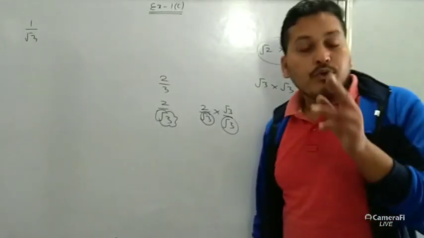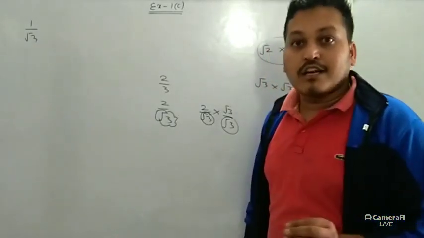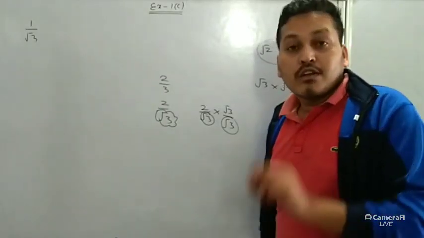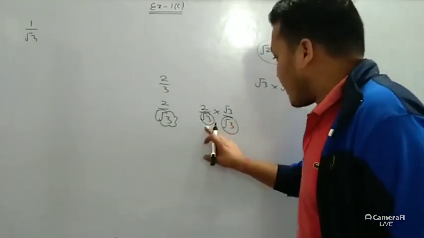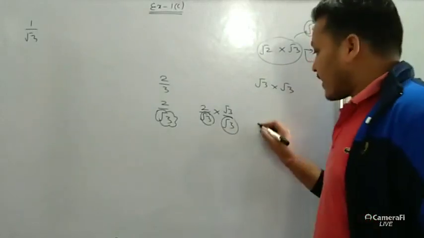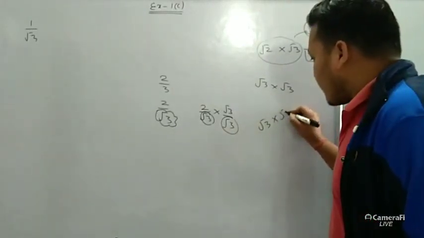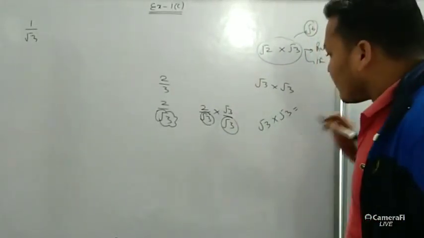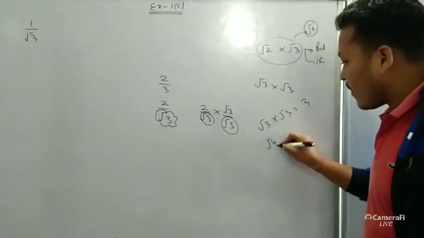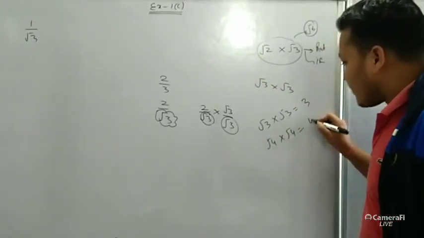So if you want to convert any irrational number into a rational form, multiply the irrational number with the same irrational number. Root 3 multiplied by root 3, then it becomes 3. If root 4 is multiplied by root 4, the answer will be 4.